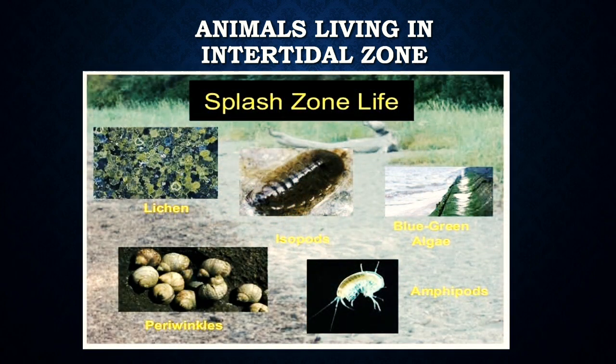Talking about the animals that live in the intertidal zone, these are the following. Animals that live in the splash zone are the lichen, isopods, blue-green algae, periwinkles, and amphipods.